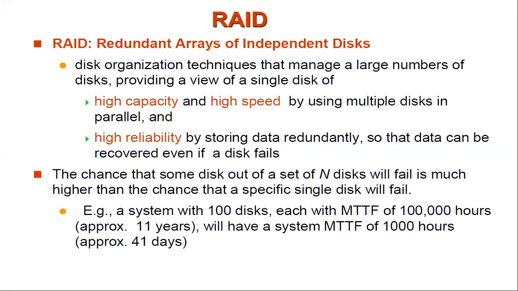And what is redundant here? When you save the data, you are allowing redundancy. Redundancy is a kind of duplication where you can save your data in multiple places. This arrangement is what we call RAID.